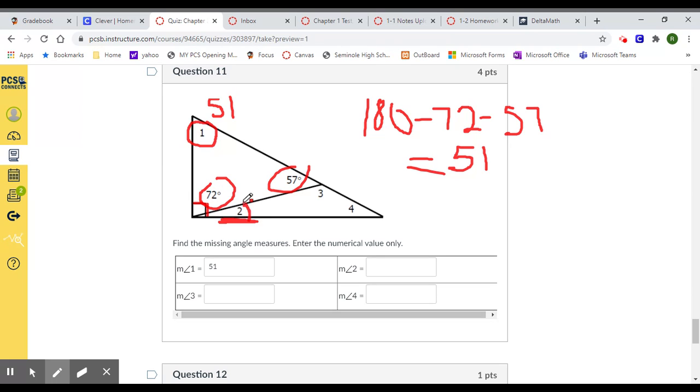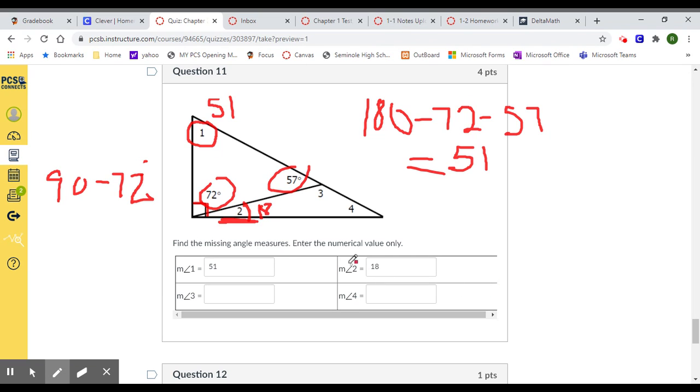To figure this one out, I can just do 90 minus 72, and that'll give me 18 degrees. So angle 2 would be 18 degrees, which makes sense. It looks really tiny.